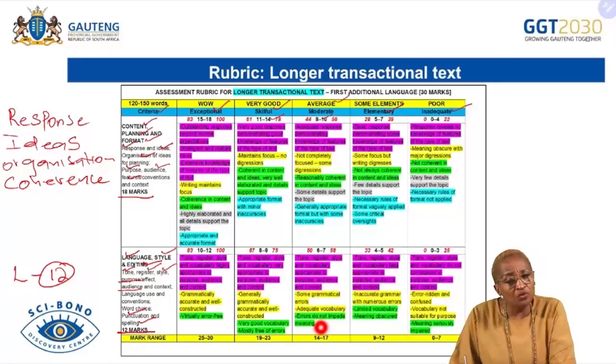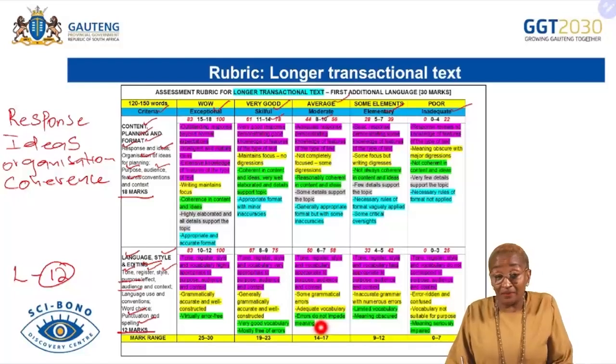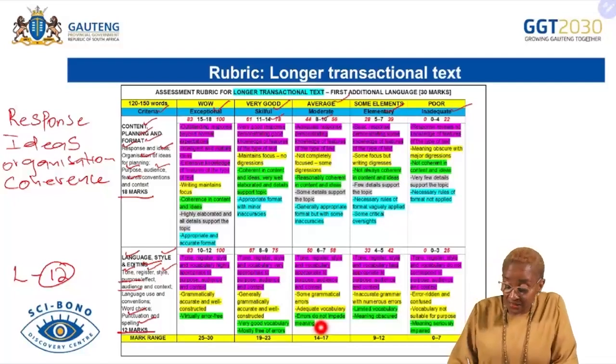To be honest with you, I don't think we need to settle for average category. Grade 12 learners, we cannot settle for average because we can do better. We are the best. So we need to go either skillful or exceptional.